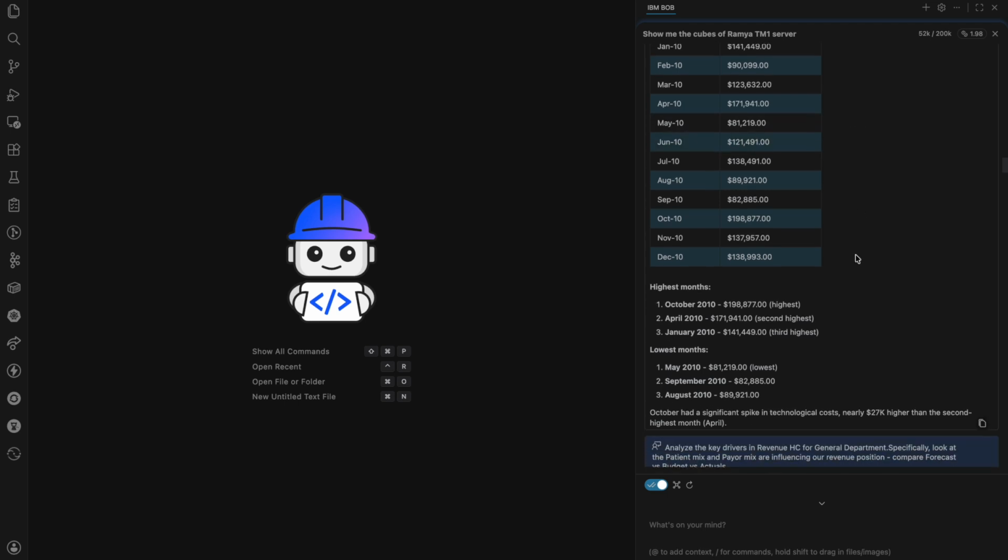October had a significant spike in technological costs, nearly 27k higher than the second highest month of April. It actually shows a 145% swing between the highest and the lowest month.